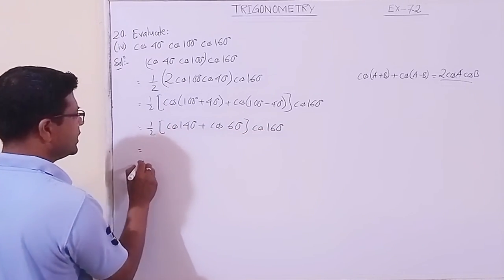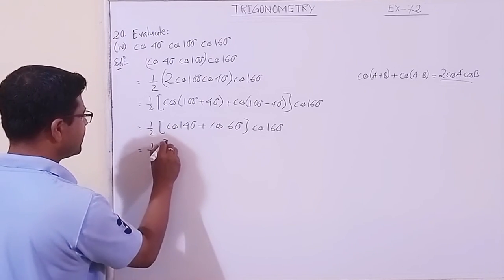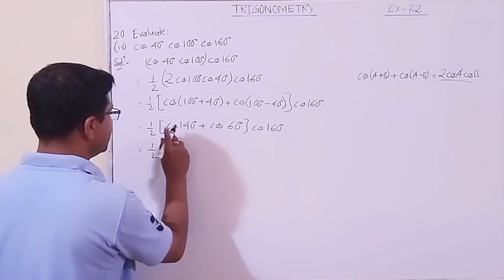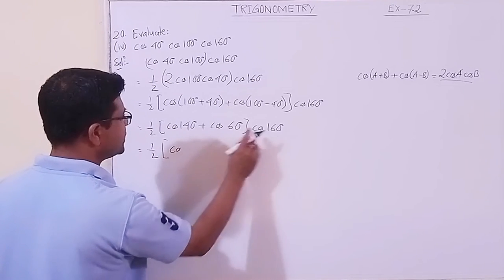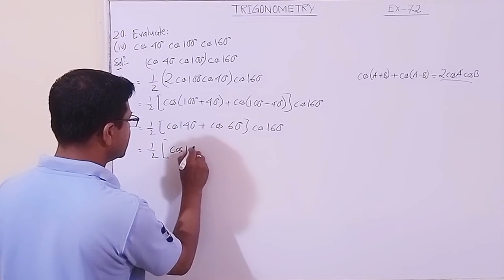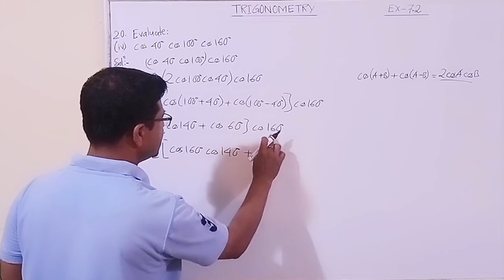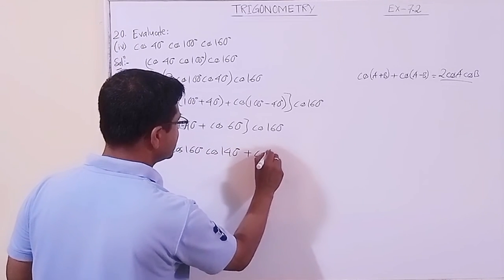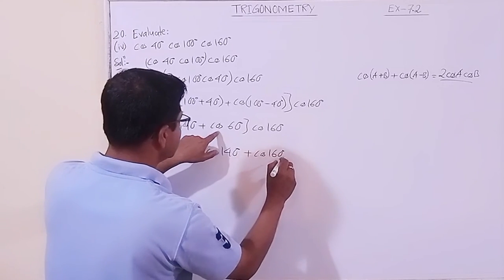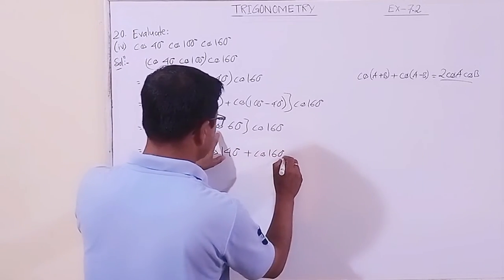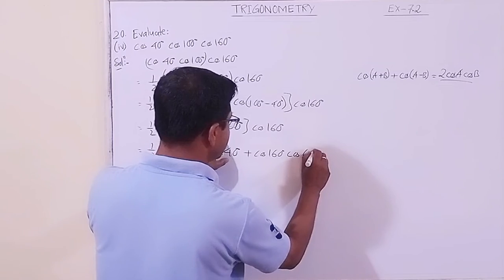Okay, then half. Then what we do, let us multiply this into this. At first we shall write this angle, cos of 160 degree, then cos of 140 degree, plus then this cos of 160 degree, then this one cos of 60 degree.